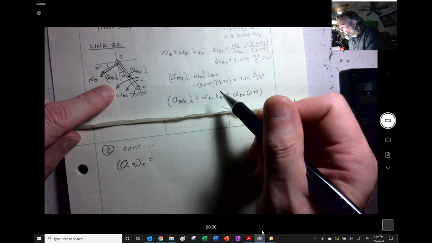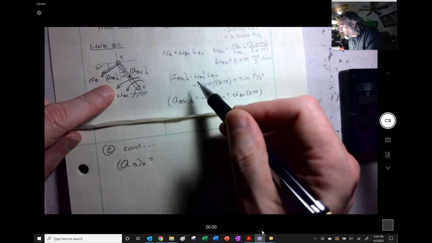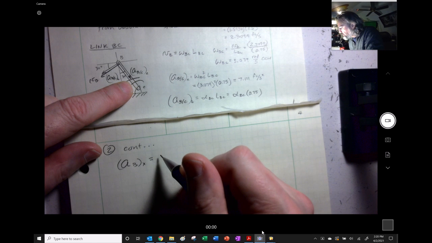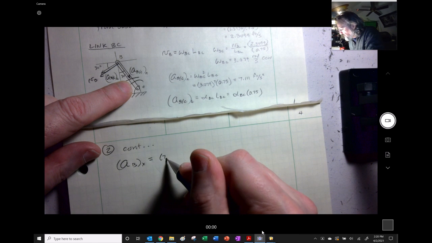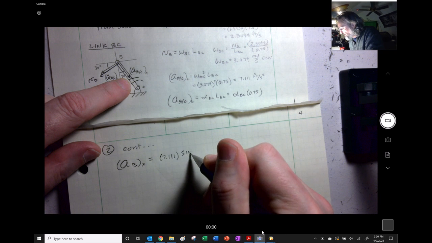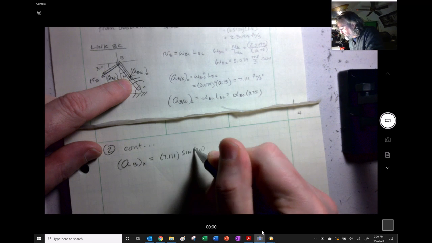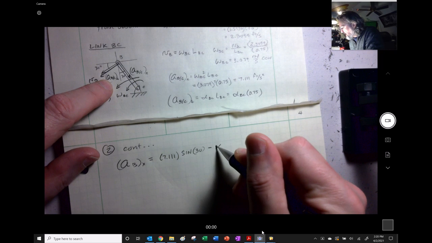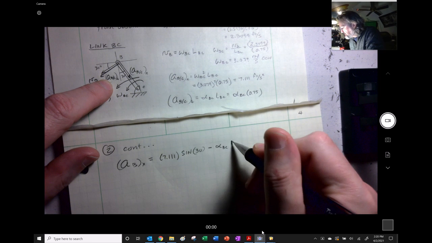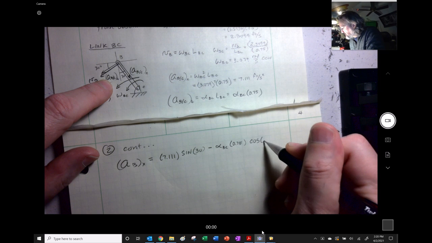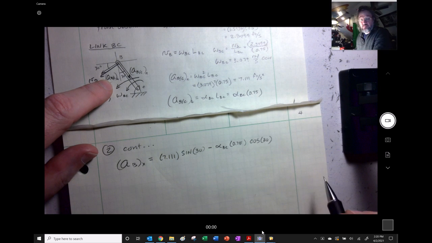Let's go for the one we know first. So we're going to have a positive in the X direction of 7.111 times the sine of 30 degrees. But this one's going to be negative alpha BC times 0.75 and the cosine of 30 degrees.